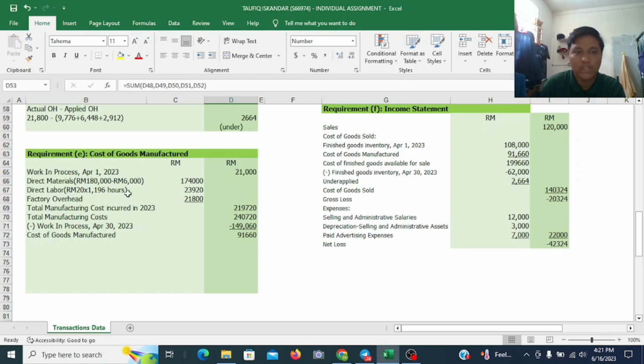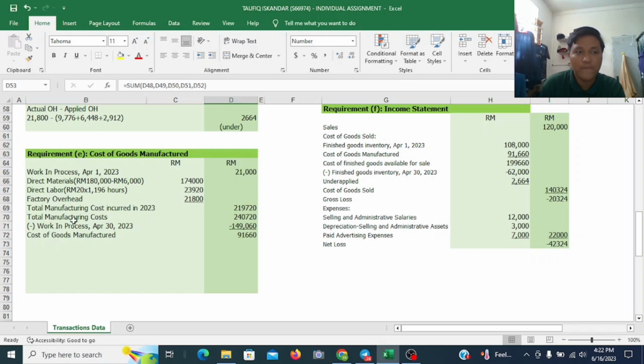For direct labor, 20 ringgit times 1,196 hours, we get 23,920. For factory overhead, 21,800. So we total these three items, we get 219,720. This is the total manufacturing cost incurred in 2023.